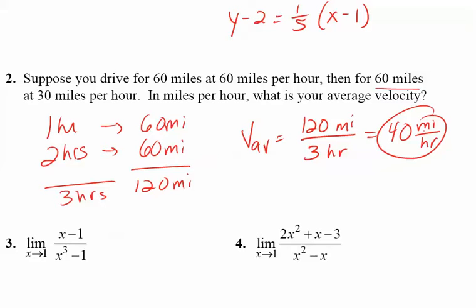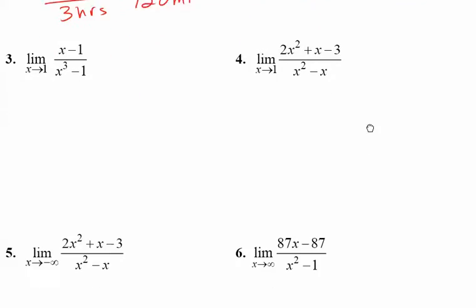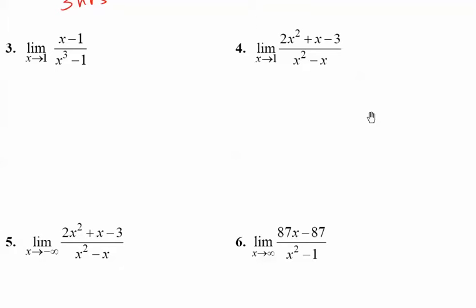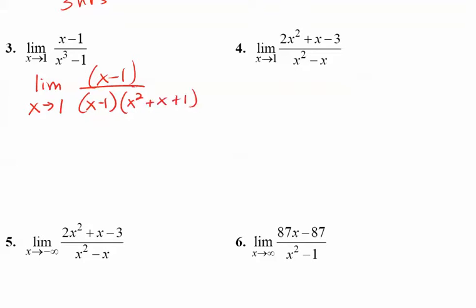All right, for limits, we've got all different kinds of strategies now. I hope when you look at number 3, you see a removable discontinuity, that there is a common factor of x minus 1. Our denominator is the difference of cubes. So you want to remember your algebra factoring method.